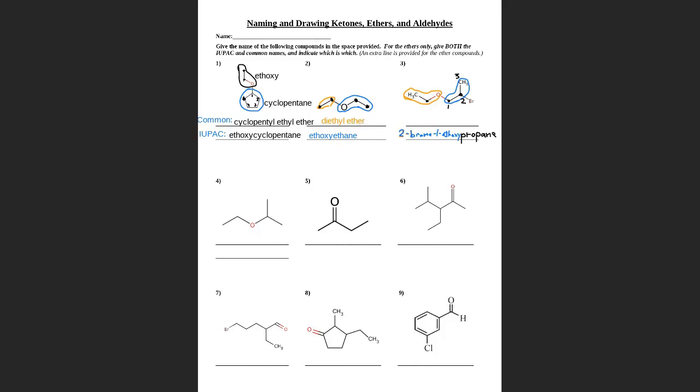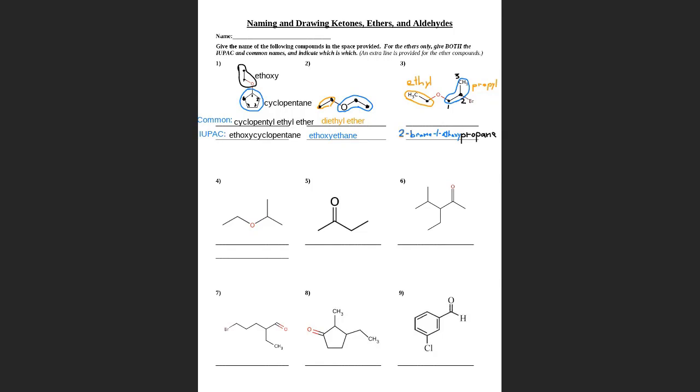Now, if you were to name this with the common naming system, it would actually be a little bit more complex. This is going to be an ethyl group, obviously. I'll redraw that so that it only includes the carbons, so as not to confuse ethyl with ethoxy. And this would be a propyl group, but this is what's known as a complex substituent. It's a branch that has a branch, effectively.